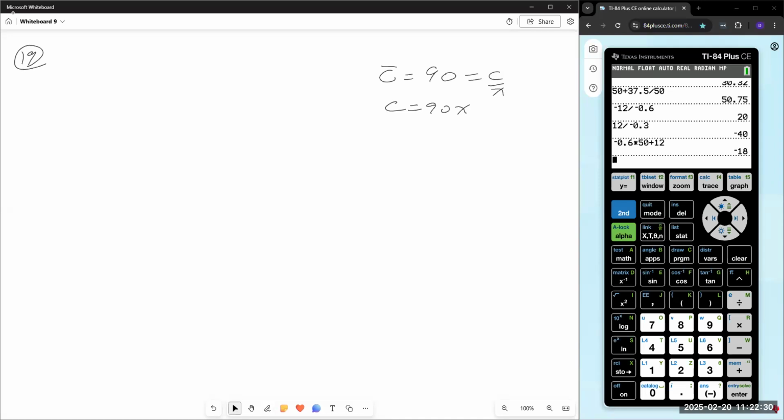The manufacturer charges $150 per player for orders of 100 or less. So my price function is piecewise defined here: $150 for X less than or equal to 100 units.